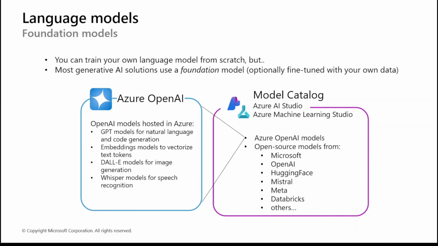This offers the benefit of cutting edge language models like generative pre-trained transformer, GPT, a collection of models on which ChatGPT and Microsoft's own generative AI service are based, as well as the DALL-E model for image generation. Using these models from the OpenAI service means that you get the benefit of a secure, scalable Azure platform in which the models are hosted.